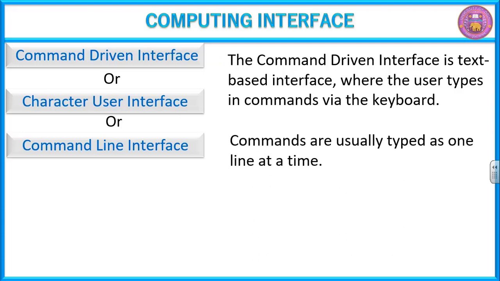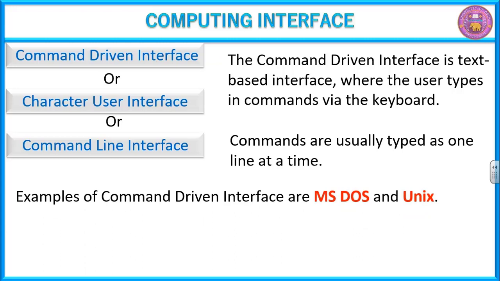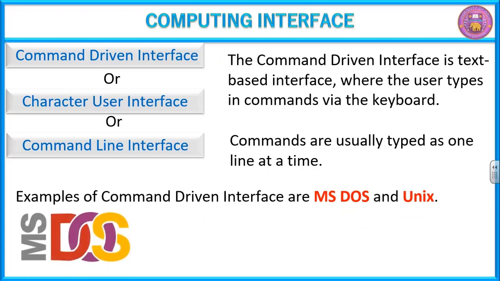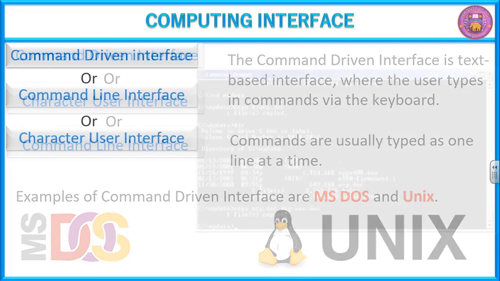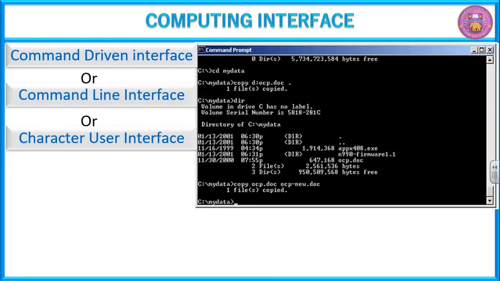Commands are usually typed as one line at a time. Examples of command driven interfaces are MS-DOS and Unix. It looks like this one. As you keep on typing on your keyboard, you can see that the interface looks like this.